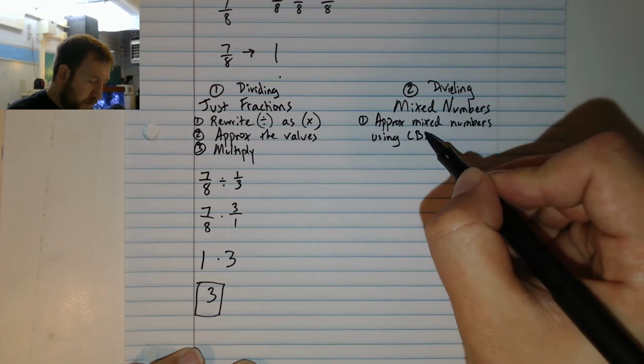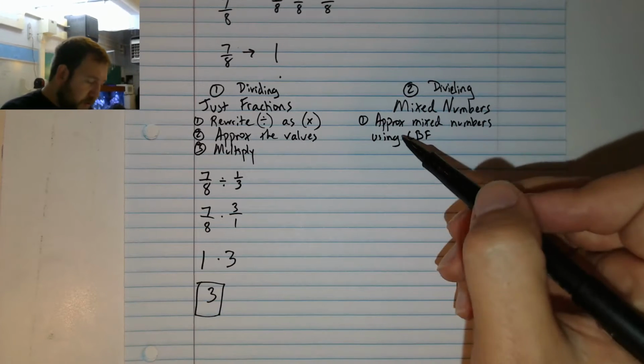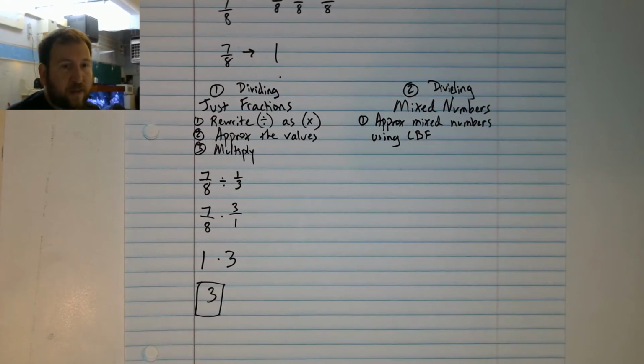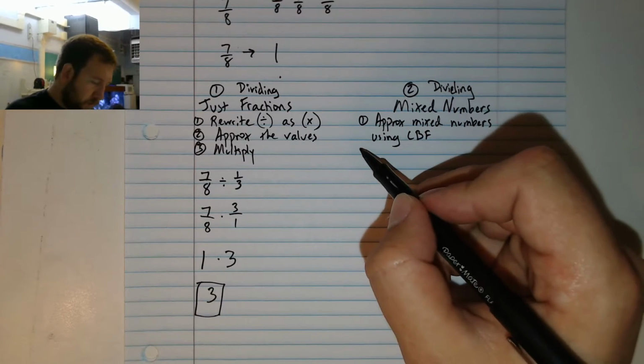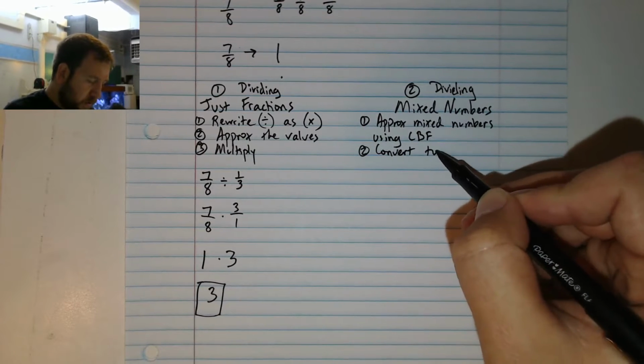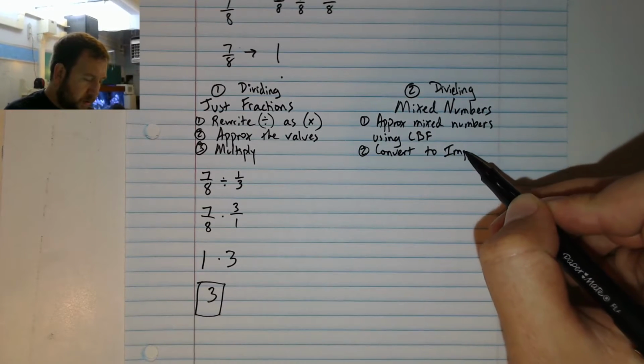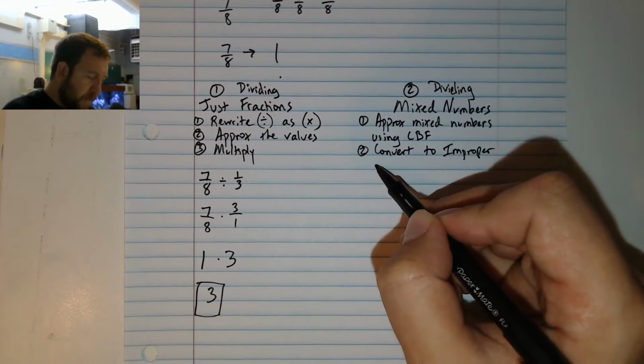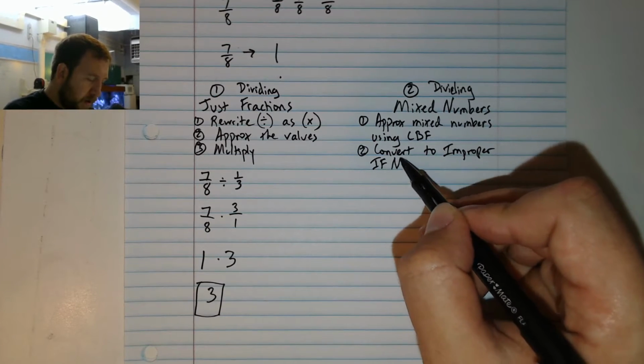Common benchmark fractions. So notice we do that first this time, which is a little bit different. Our second thing we're going to do, convert to improper if necessary.